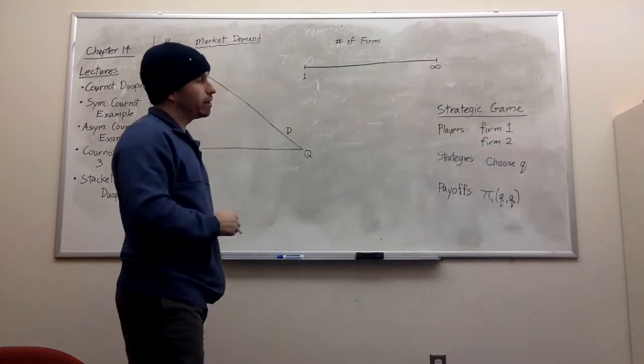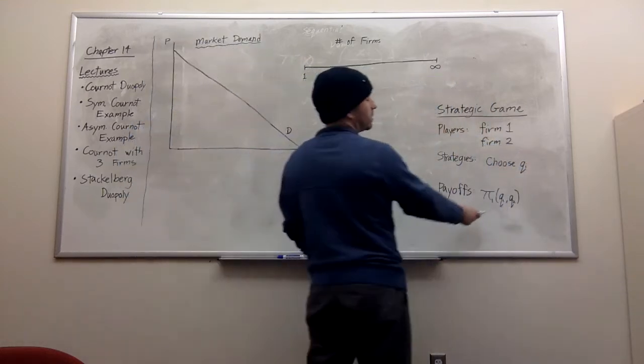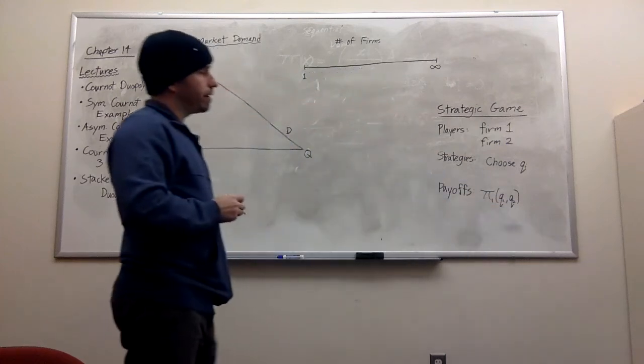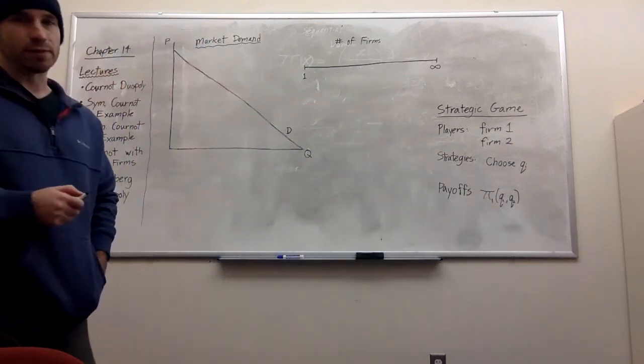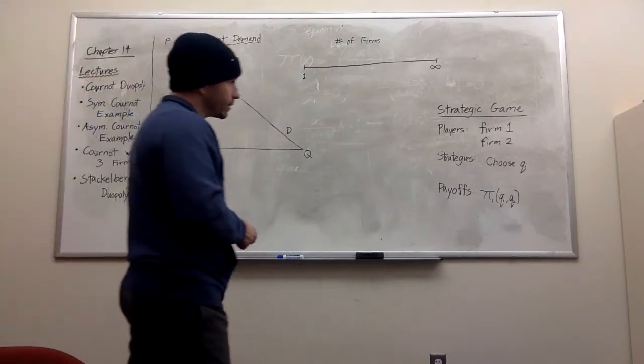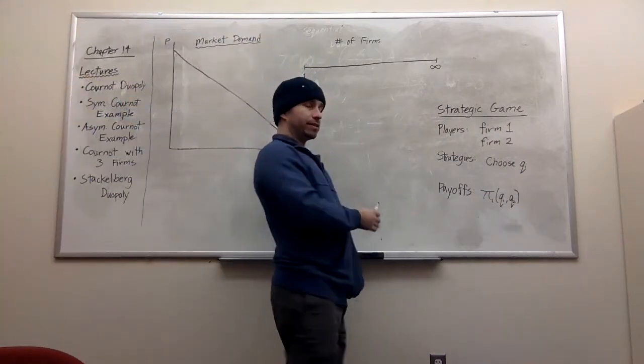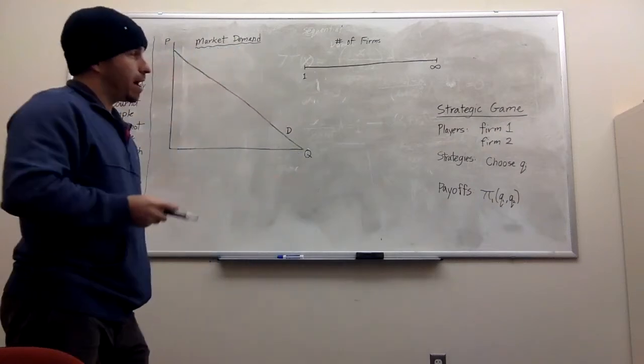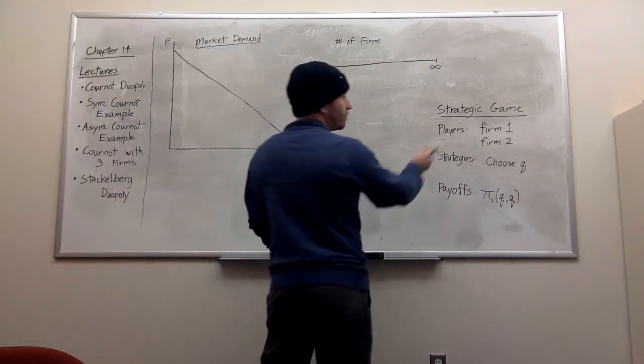So for firm 1, pi 1 is a function of their own output Q1, but also their competitor's output, and vice versa. All right, so we have a fairly straightforward game setting, right? Where we have two players.